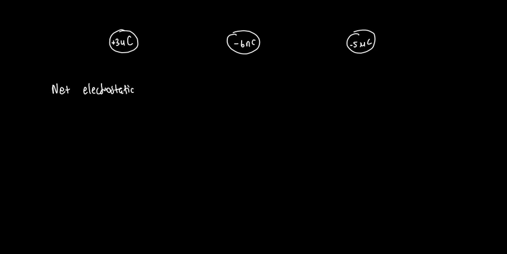A net electrostatic force, which is usually called just F net. So F net is usually equal to F1 plus F2 plus F3, etc., depending on how many forces that you are dealing with.